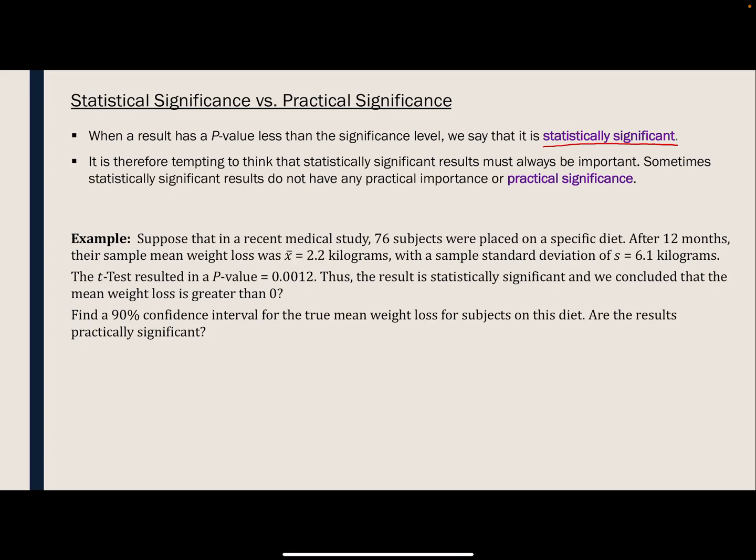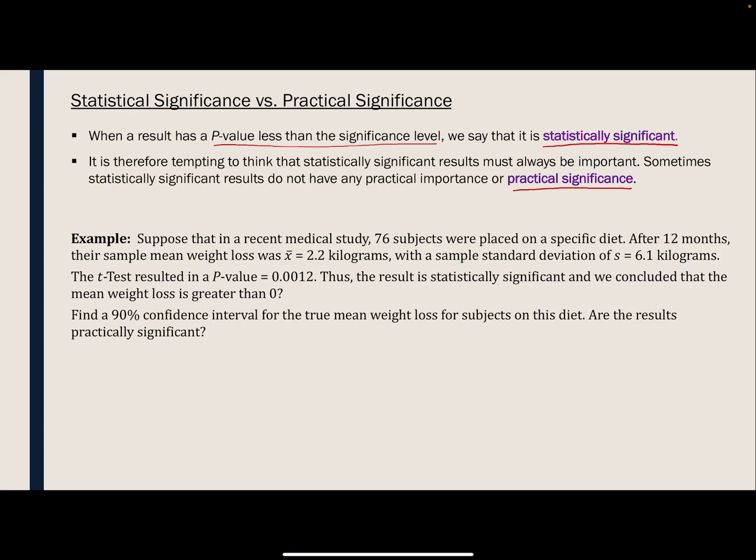So it's when our p-value is less than the significance level. So when we say that something is statistically significant, we say that a change has occurred. But is the change big enough that we would actually want to act on it? And that's where we talk about practical significance.